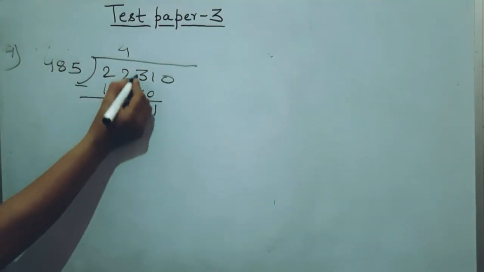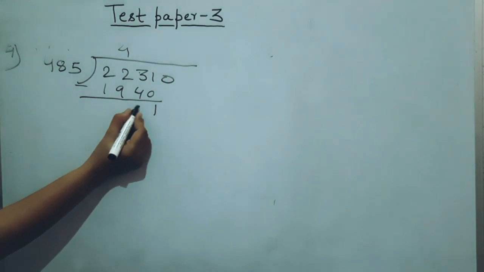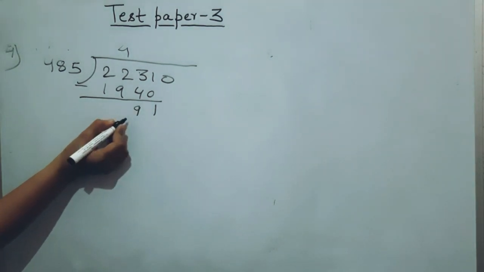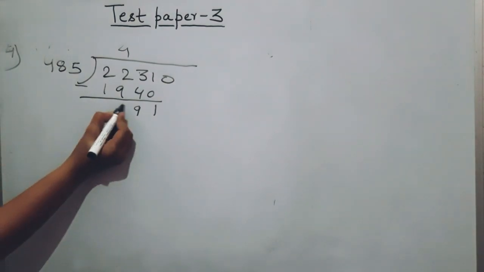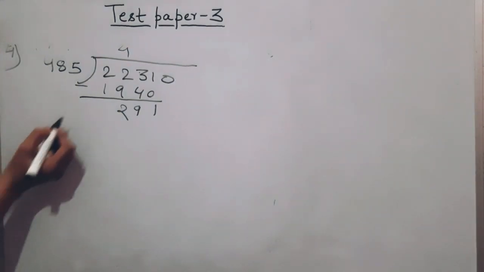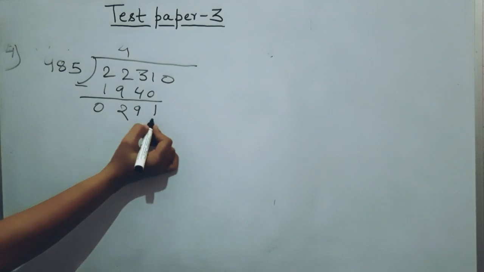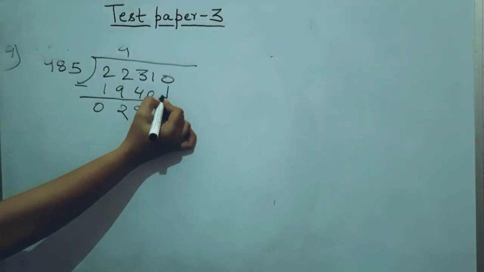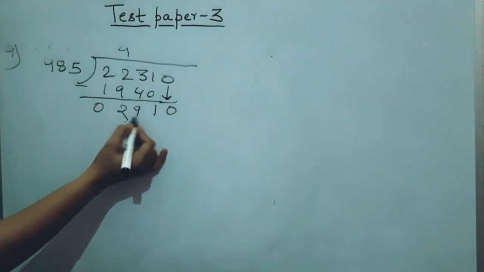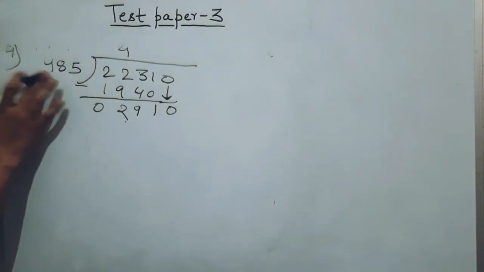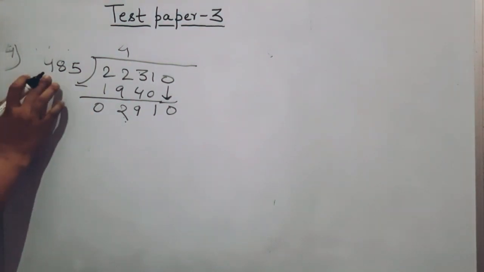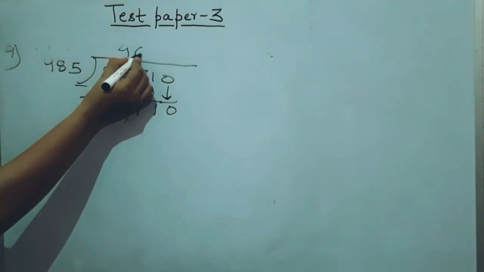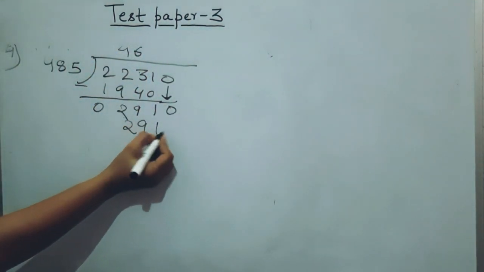So once we subtract, 13 minus 4 is 9, and here it will be 1, and 11 minus 9 is 2. So the remainder is 291. 0 will be dropped down. Now 2910, does it come in the table of 485? Yes. Once you multiply 485 by 6, the answer will be 2910.